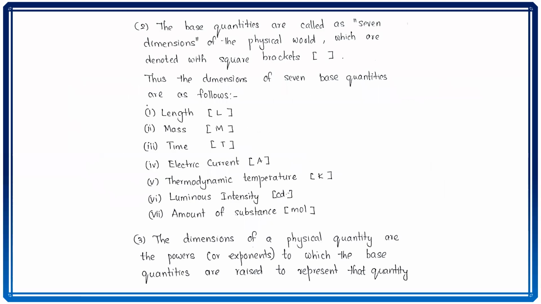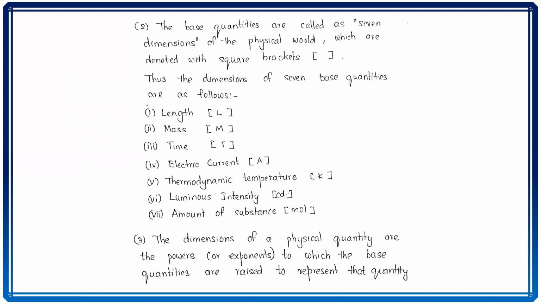Now, these base quantities are called the seven dimensions of the physical world, which are denoted with square brackets.